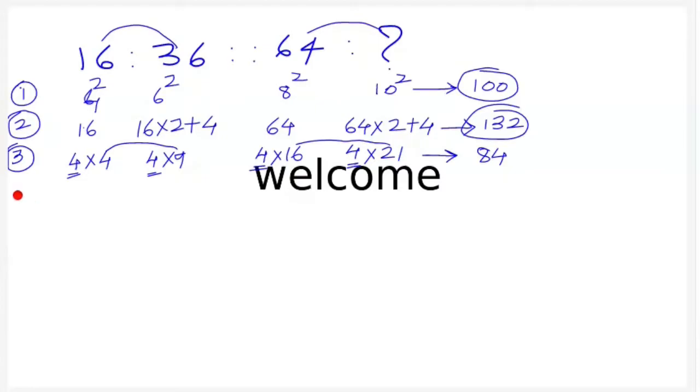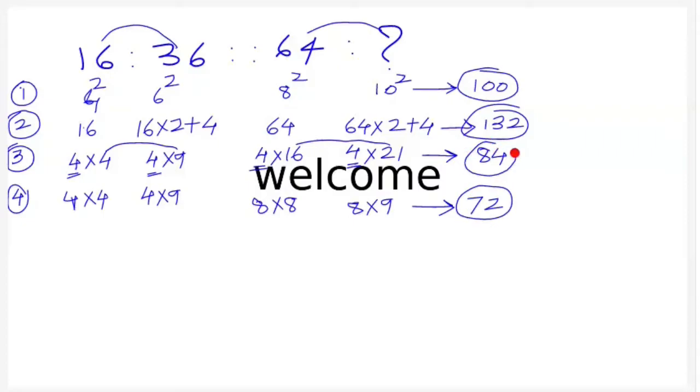Okay. Or you can say 4 into 4, 4 into 9, 8 into 8, 8 into 9. 72 can be your answer.